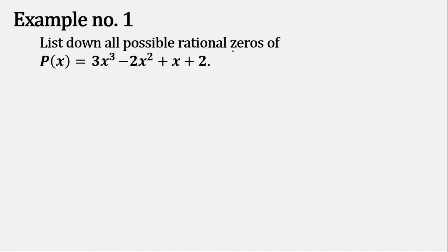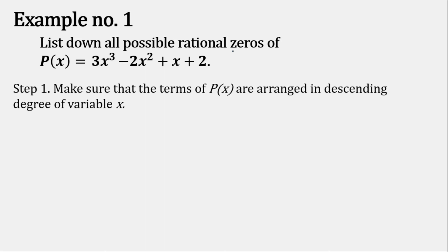So let's start with step number one. Step number one is to make sure that the terms of the polynomial function are arranged in descending degree of variable x, meaning it should be in standard form. In this case, we have in descending order x raised to 3, 2, 1, and 0. So our polynomial is now arranged in standard form.